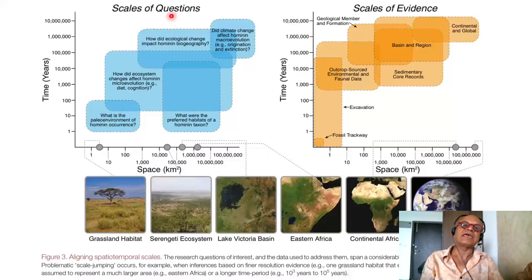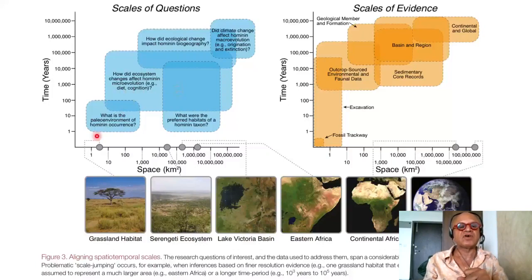If you look at scales of questions, you can have typical questions like, what is the paleoenvironment of hominin occurrence? How did ecosystem changes affect hominin microevolution, for example, diet, cognition, which is what anthropologists worry about as well.